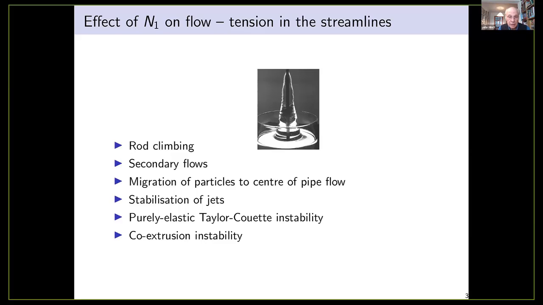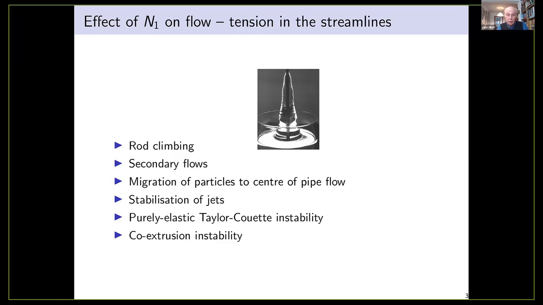So there's lots of other things that can be explained. I'll just pick up on the third one, migration of particles to the center of a pipe flow or channel flow, because Simon mentioned this earlier. So in a channel flow, the shear rate is 0 on the centreline and is maximum at the walls.